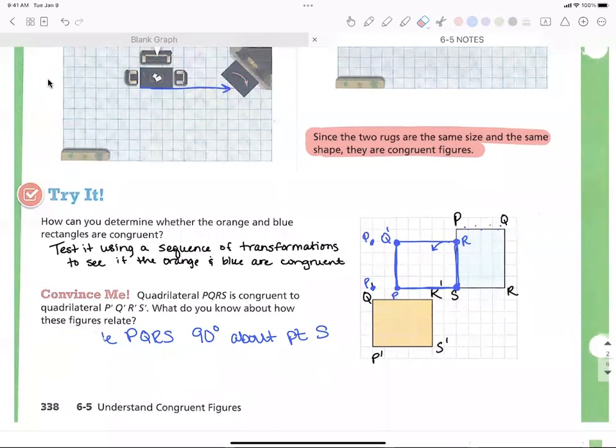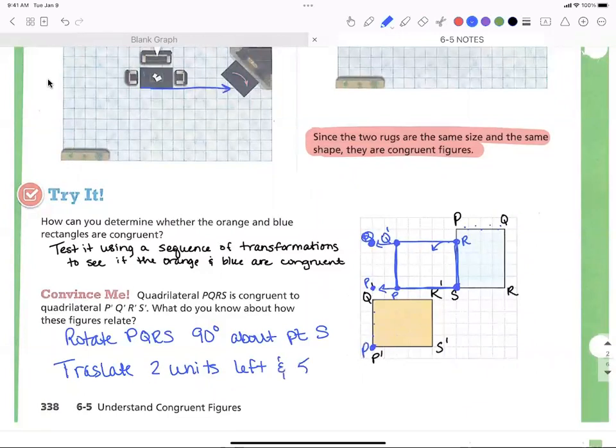Then we translate two units left. Now, does that get us where we need? 2 units left puts Q here and P here. Now what? 1, 2, 3, 4, 5 units down now drops P right where it's supposed to be. So translate 2 units left and 5 units down.